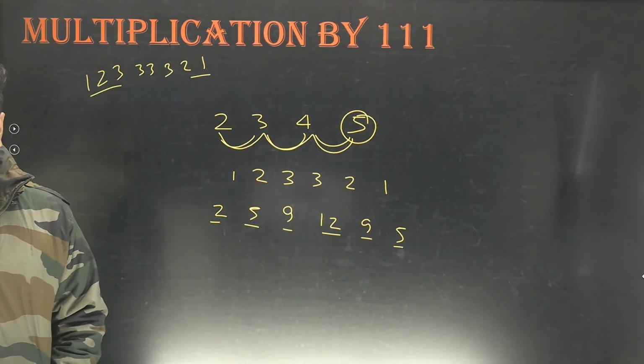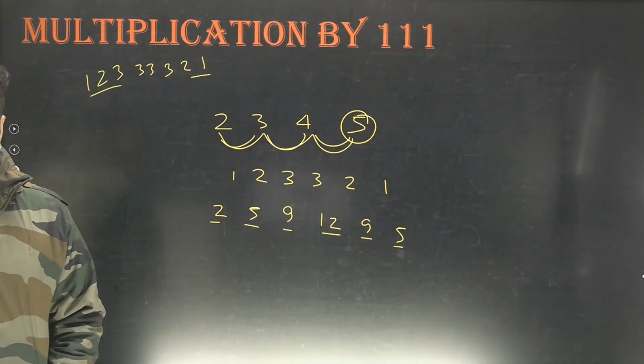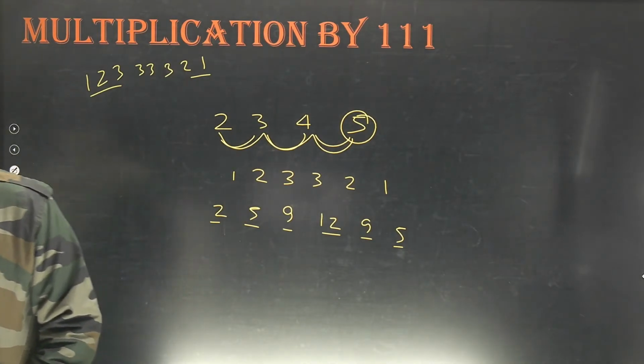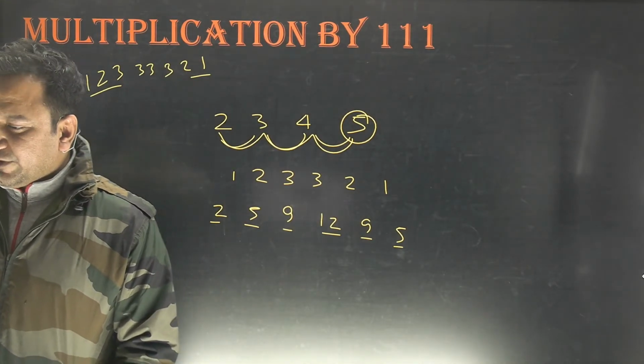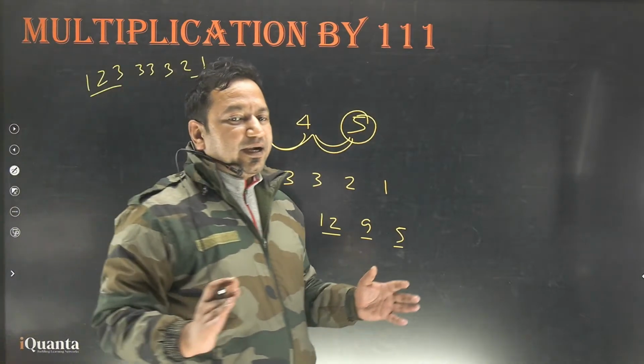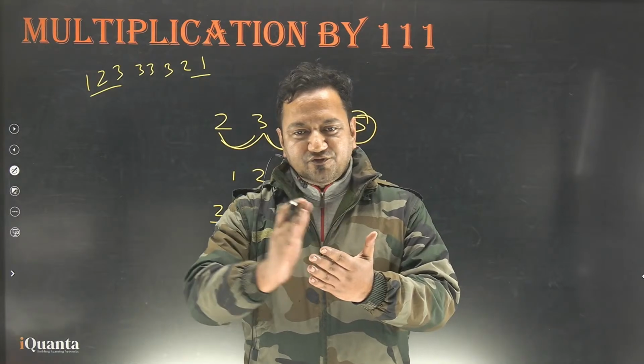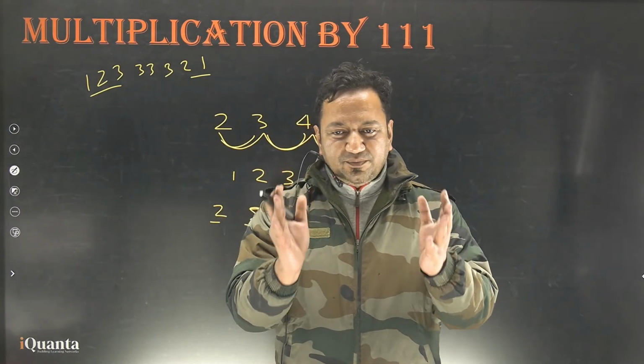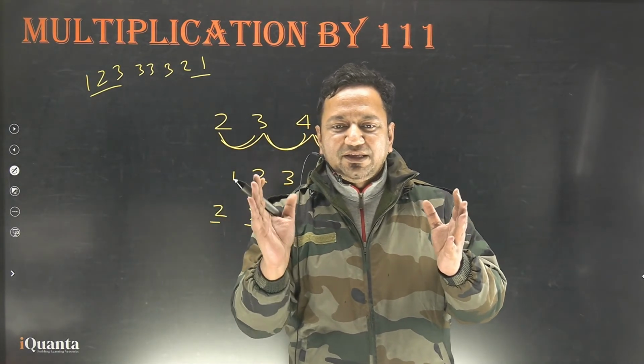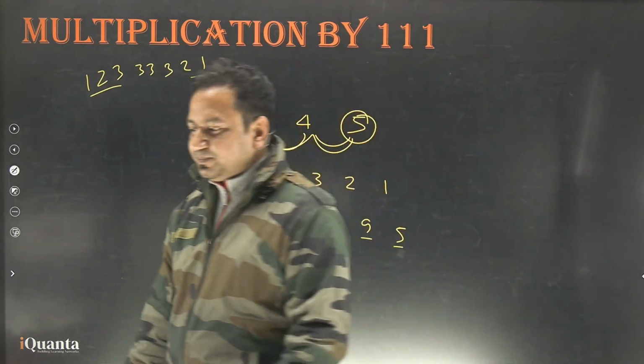Alright, got it? Clear to everyone? We have to keep in mind that this pattern would always be having 1, 2, 3 from the left, 1, 2, 3 from the right. Whatever is in between, we'll just keep on having 3s, 3s, 3s, nothing else.